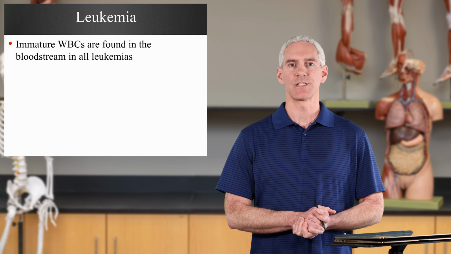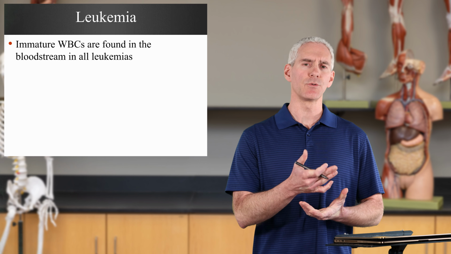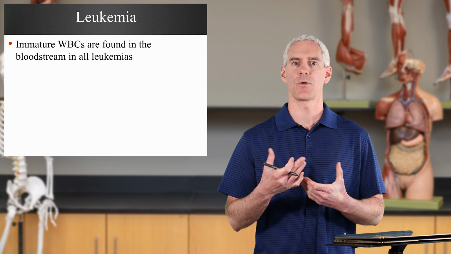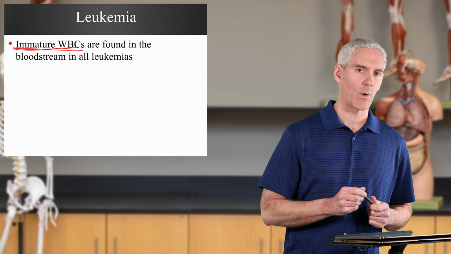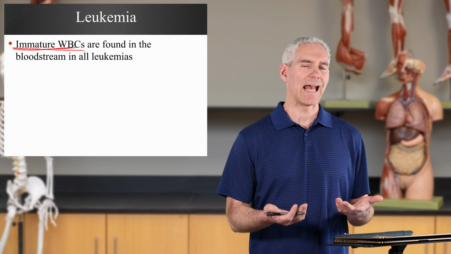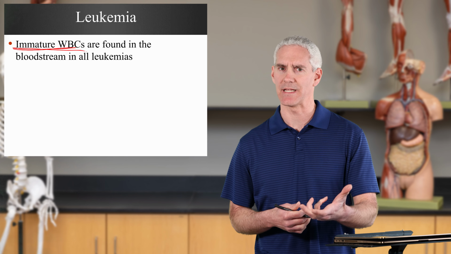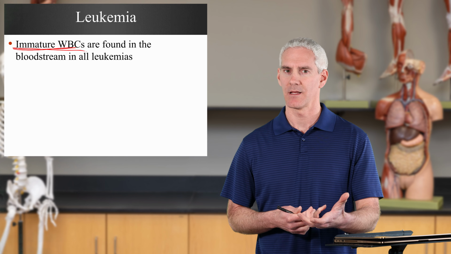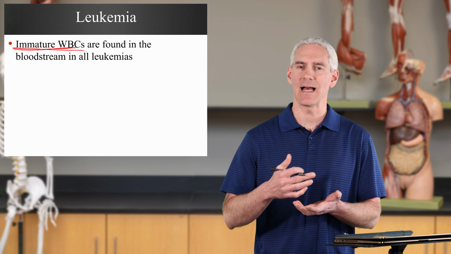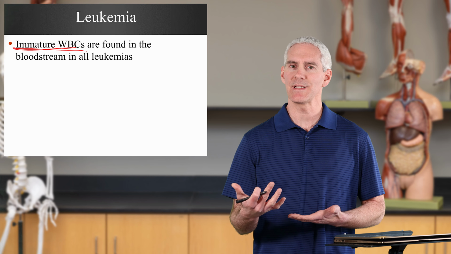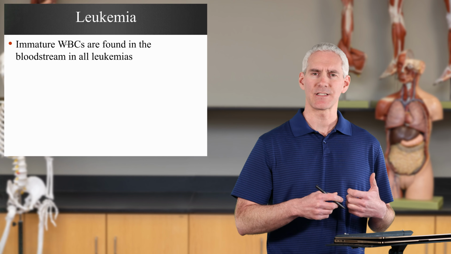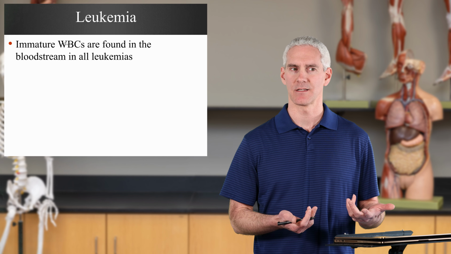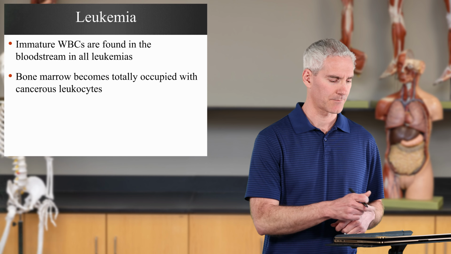So how about some disorders, unfortunately? Leukemia is one of the disorders of the white blood cells. Leukemia is about immature white blood cells. You're still producing white blood cells, but as they're being produced, they're not fully maturing, which means they cannot serve their purpose. So you have tons and tons of white blood cells, but they're just not working.